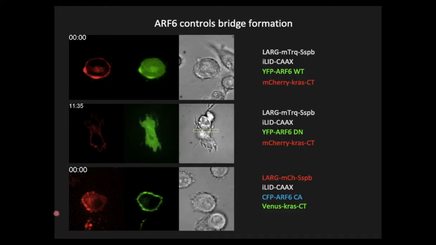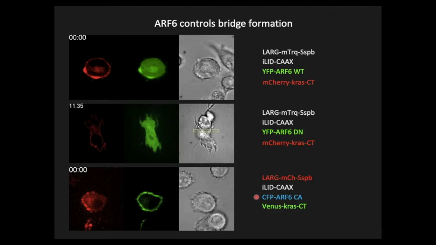In the third movie, we use a constitutively active ARF6, which was fused to the cyan fluorescent protein that we didn't image because of technical problems, since we would induce global photoactivation of our optogenetic construct if we imaged blue proteins.